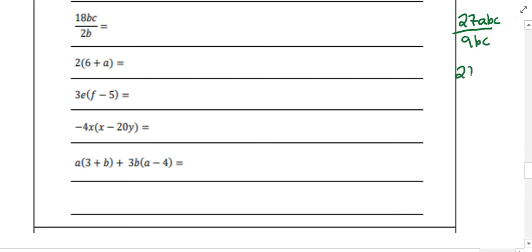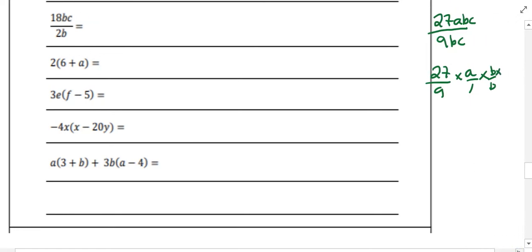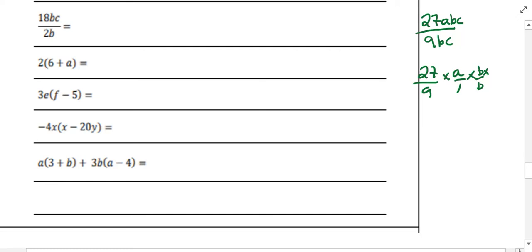Well, that is equal to 27 over 9 multiplied by A over 1 multiplied by B over B multiplied by C over C. We just split them up. Do you see?